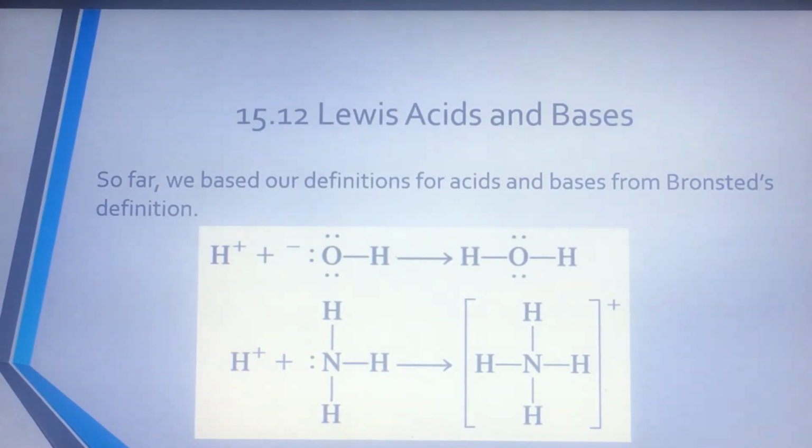In this other example, we have H plus, and the other reactant is NH3, or ammonia. NH3 accepts this proton, so NH3 is also a Brønsted base in the definition. It will become the ammonium ion.